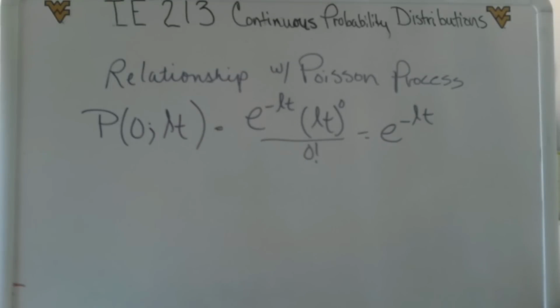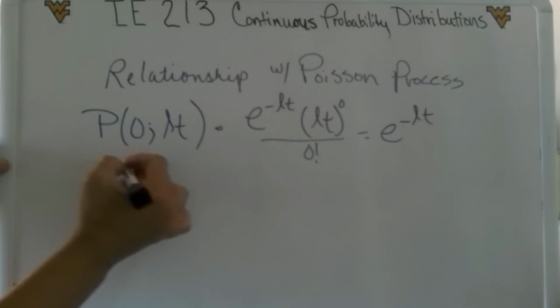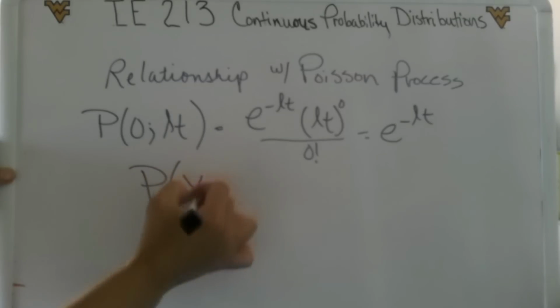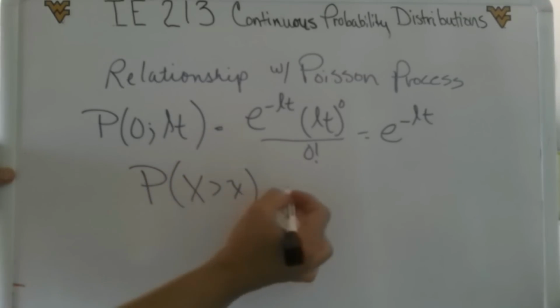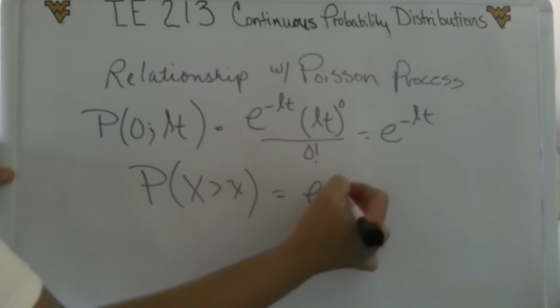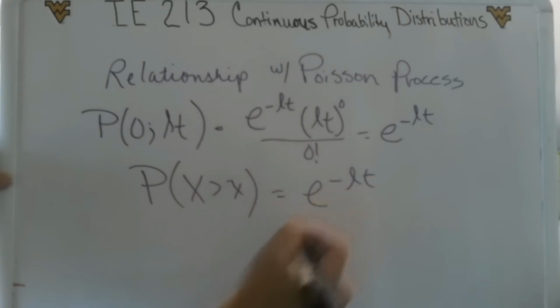We can now make use of this and let x be the time to the first Poisson event. The probability that the length of time until the first event will exceed x is the same as the probability that no Poisson events will occur in x. The latter, of course, is given by e to the minus lambda x. So as a result, the probability that x is greater than little x is equal to e to the minus lambda x.